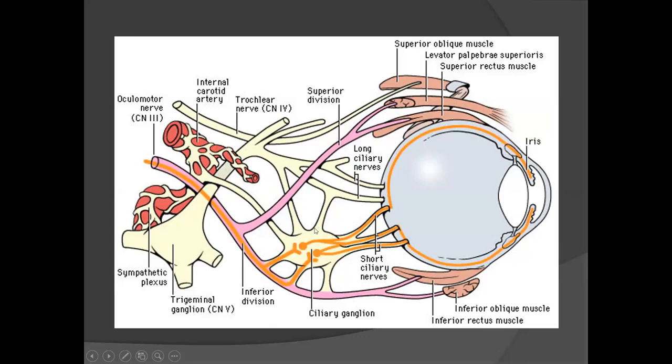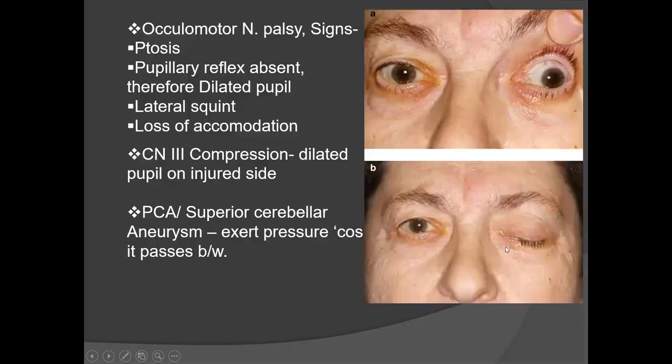So this is the importance of the oculomotor nerve: not only does it stimulate the five extraocular muscles, it is also very important for checking the light reflex and accommodation reflex, because the impulses are carried by the oculomotor nerve.